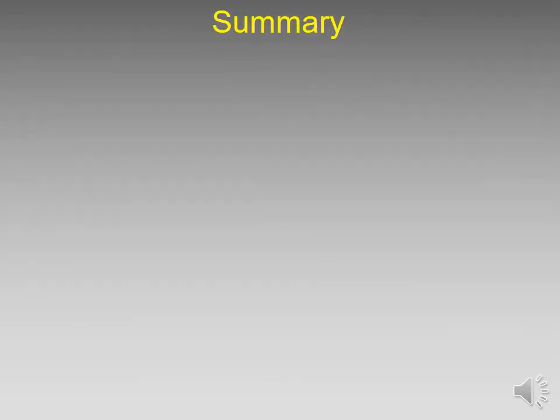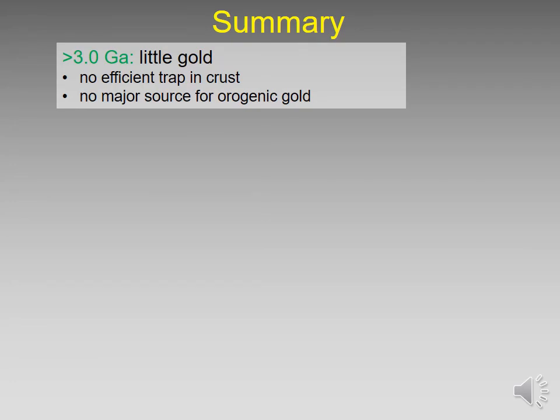So in summary, we can observe that for rocks that are older than 3 billion years, we have very little gold in them. And the reason for that is probably that we didn't have an efficient trap in the crust at that stage. And in conglomerates older than 3 billion years, we also didn't have a good source for gold from whatever environment, because we also didn't have a source for orogenic gold.